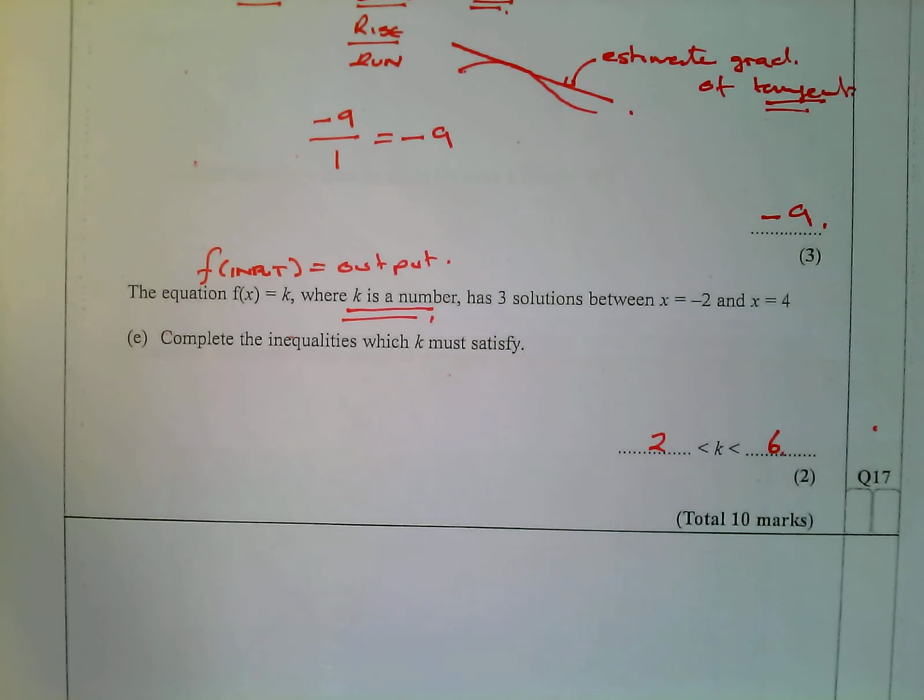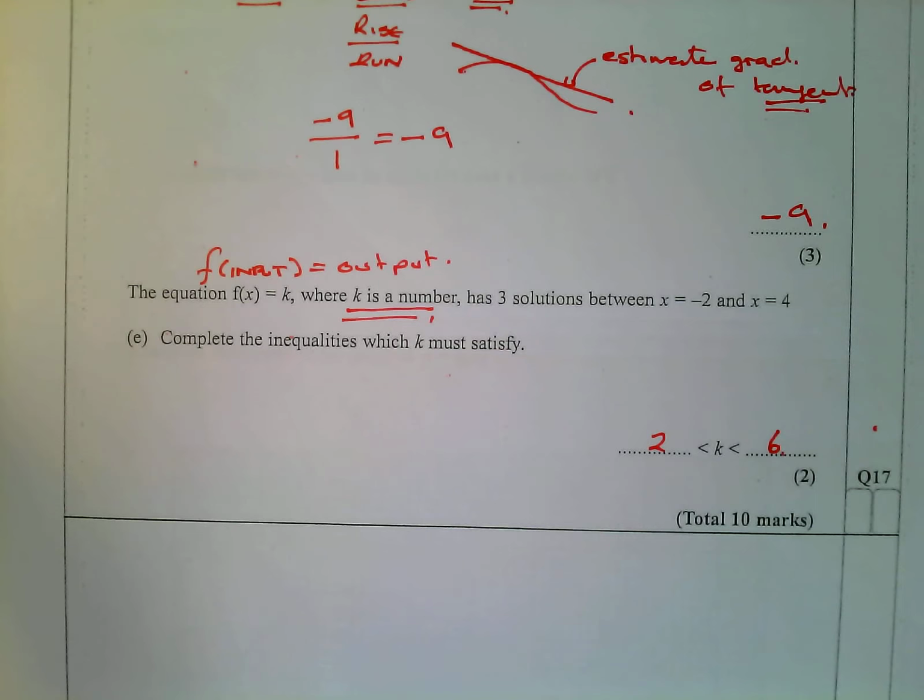Let's draw it in. Here I've got the output equals 2, and here I'm only going to get 2 solutions, but as soon as I'm above that line, the horizontal line is going to cross in 3 separate places.